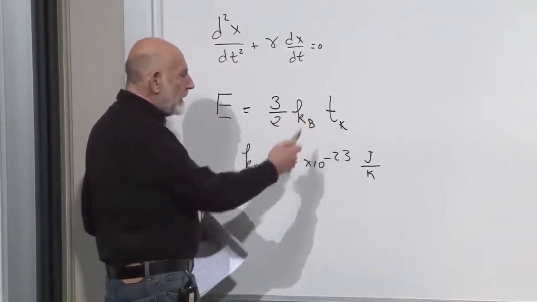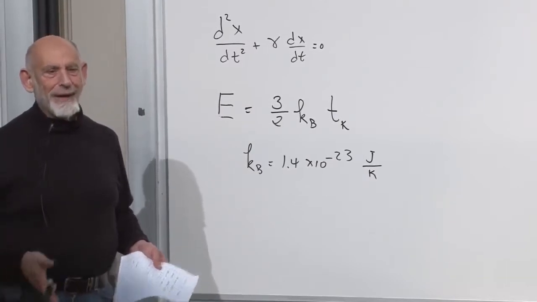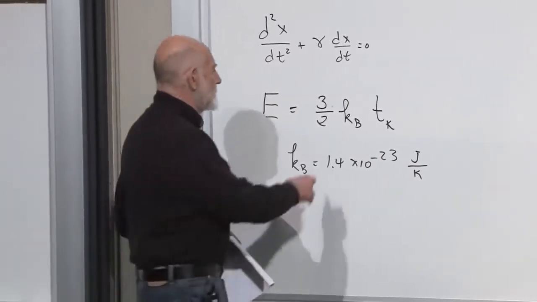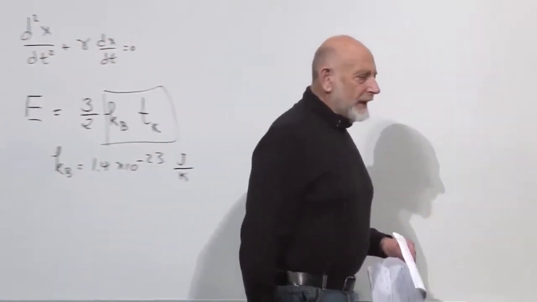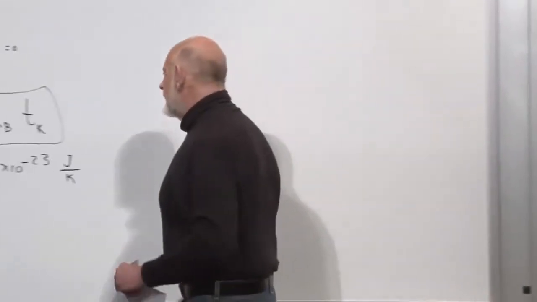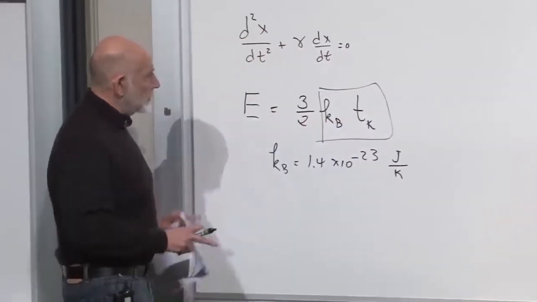temperature in fundamental physics always comes in multiplying K Boltzmann. It's in all fundamental formulas of physics. K Boltzmann times temperature comes in, and that's just because the fundamental quantity is really energy. And so K Boltzmann times temperature has units of energy.